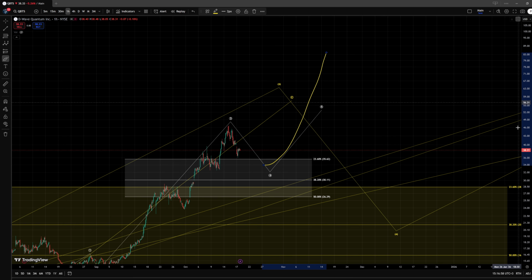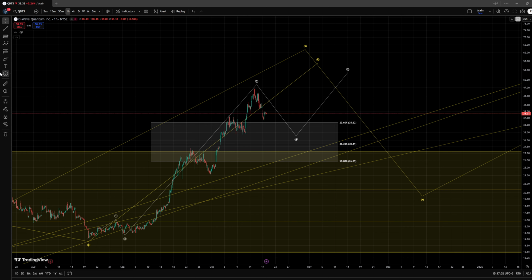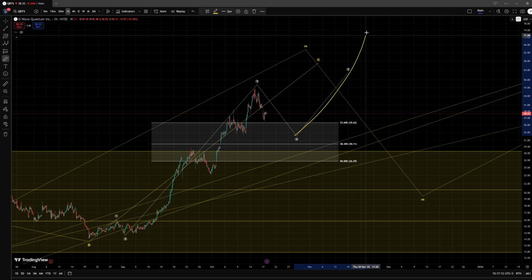It is possible, not necessarily unexpected, and we do still have a lot of room within this support zone area. We haven't even reached it yet, so it is something on my roadmap to still push higher within this wave 5, possibly turning this structure into an internal wave 3 instead of a wave C.